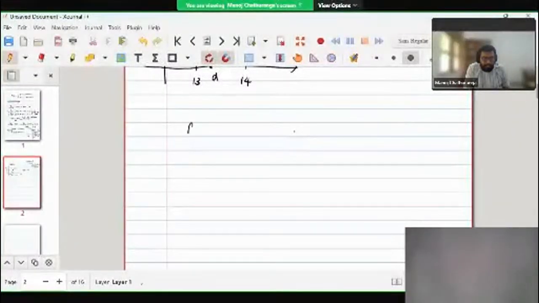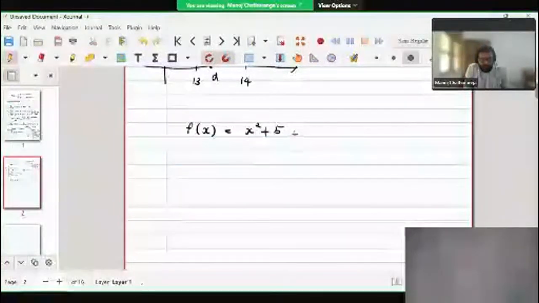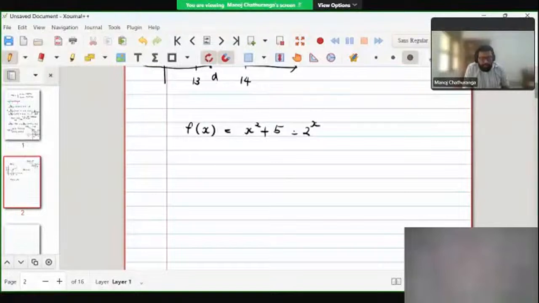So here is what I'll do. I will take this function. This is a continuous function: constant function is continuous, exponential function is continuous, so their summation is a continuous function.